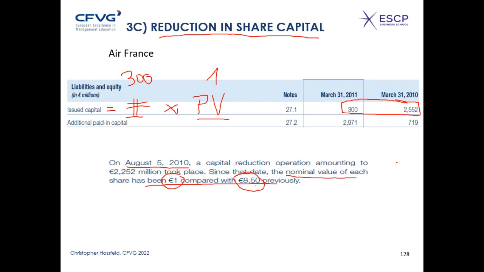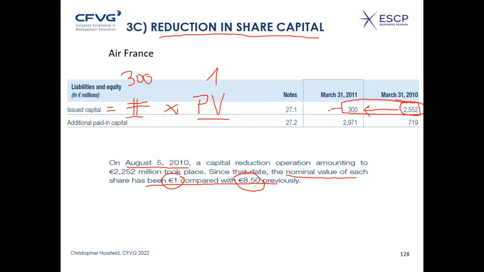Well, nothing. So that means when I reduce my issued share capital, I will not return any money to the shareholders, so I will not reimburse them. They paid me at one point in time 2.5 billion. Since I do not reimburse them for the difference of 2.2 billion, the 2.2 billion are still in equity.